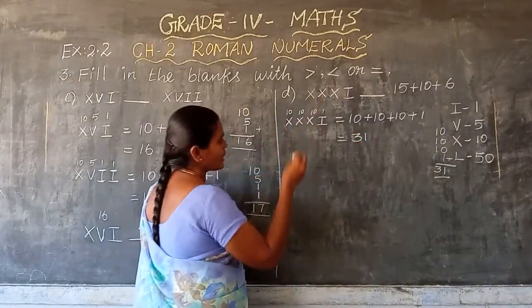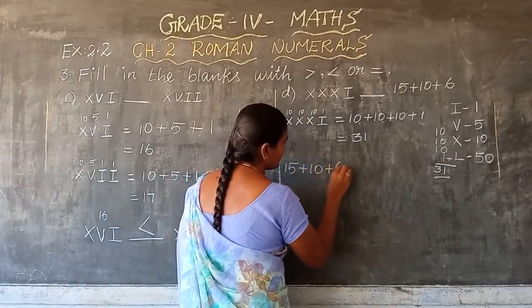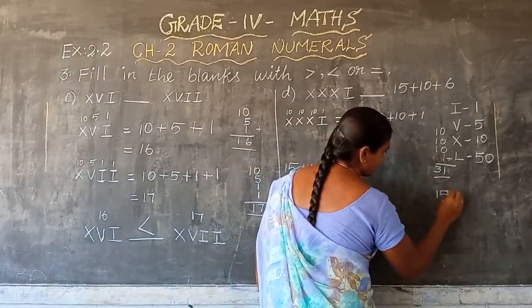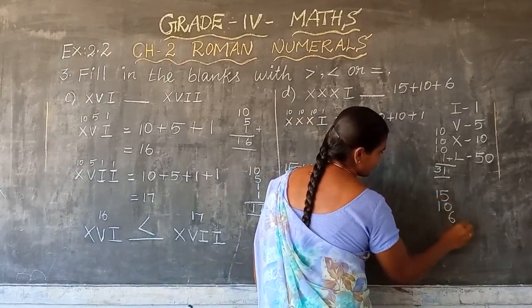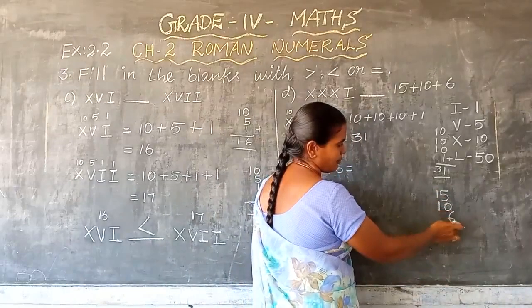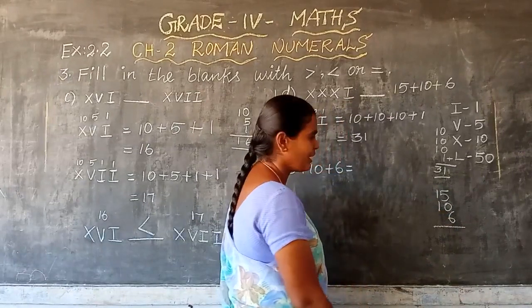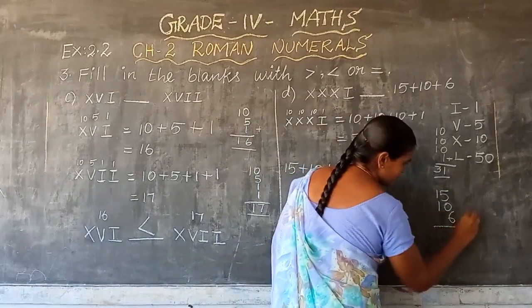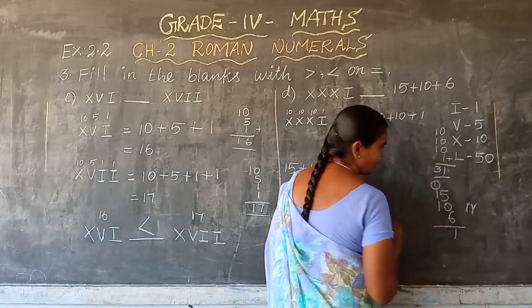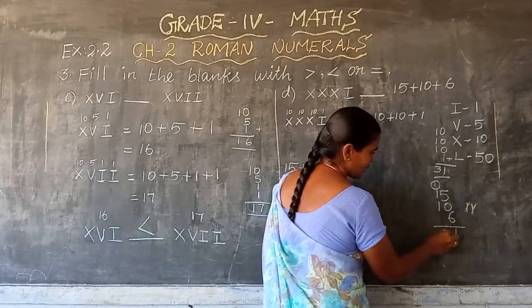31. Next, another set, here given numbers. So arrange the numbers and find the value. 15, 10, 6. 5 plus 0, 5. 5 plus 6, 11. 11 means 1 here, another 1 carry over. So 1 plus 1, 2. 2 plus 1, 3.